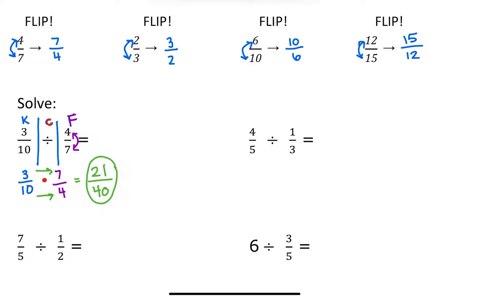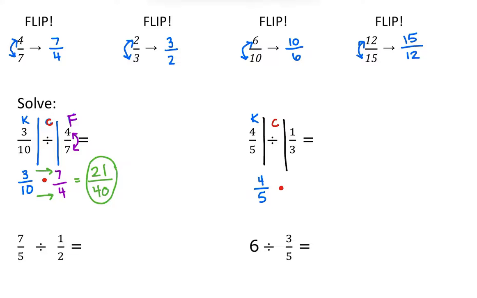So let's go to our next one. If I'm looking, I have another division sign with two fractions. So that means I am using keep, change, flip. So I'm going to break it apart. And my first thing is keep. So I'm going to leave 4 over 5. I am going to change division to multiplication. And we should know that dot means to multiply.